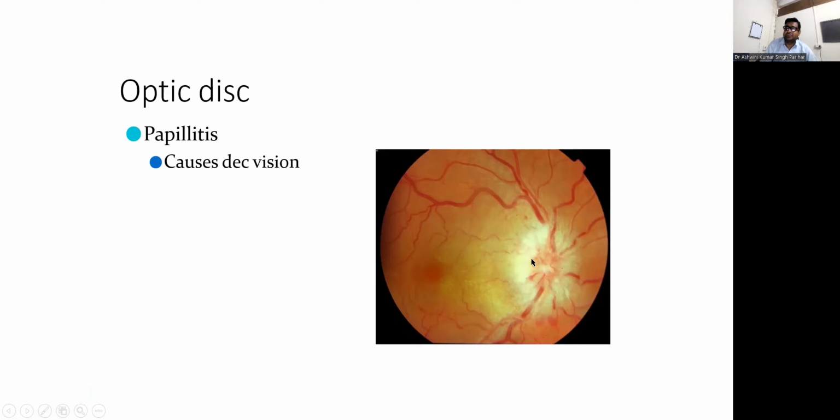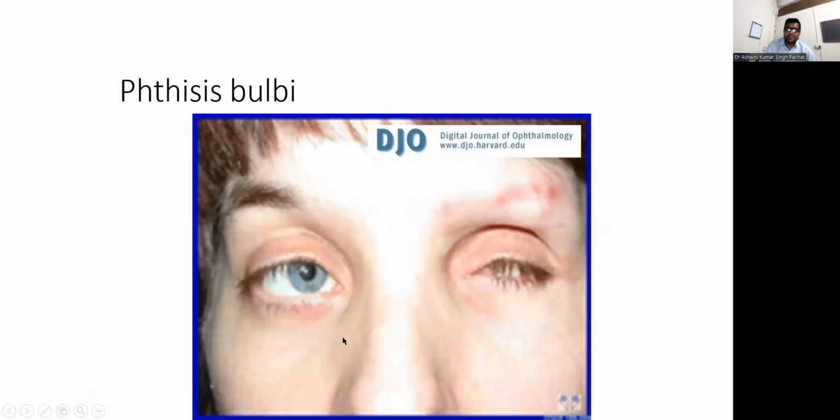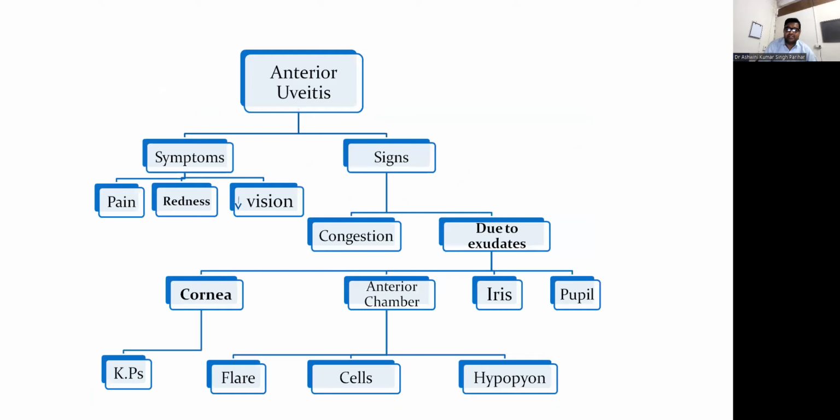The normal architecture of the disc is lost, and this also causes diminution of vision. In severe cases, the last stage, which is quite rare in uveitis, the patient will go on to phthisis bulbi.